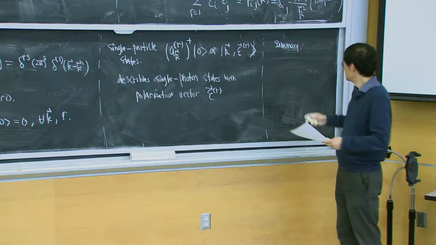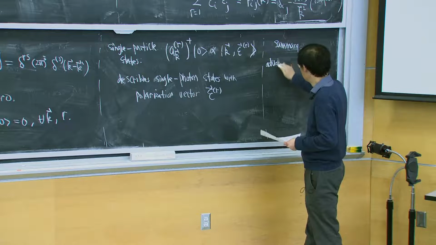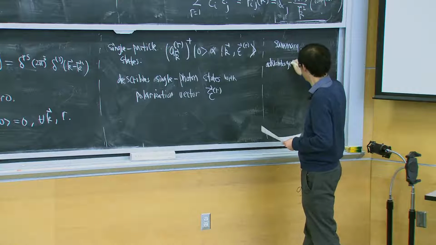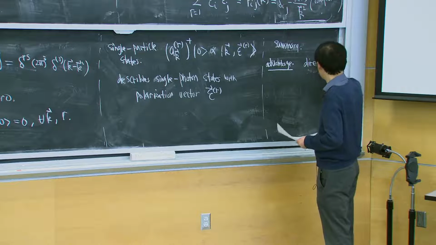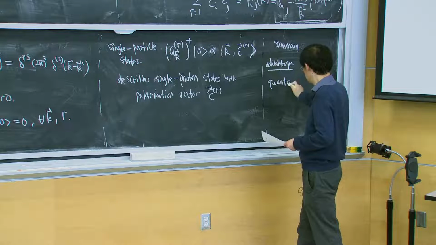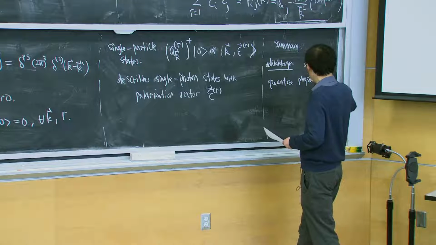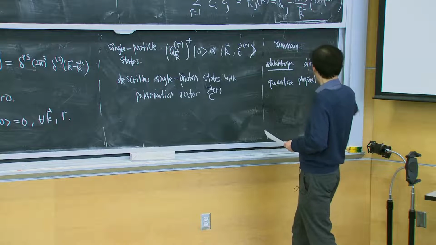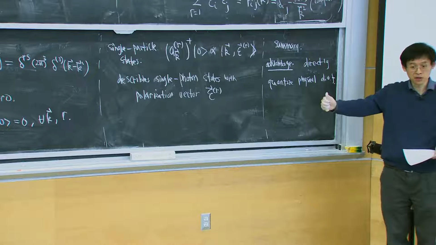The advantage of the Coulomb gauge is that we can just directly quantize the physical degrees of freedom, because the unphysical degree of freedom phi automatically equals 0.